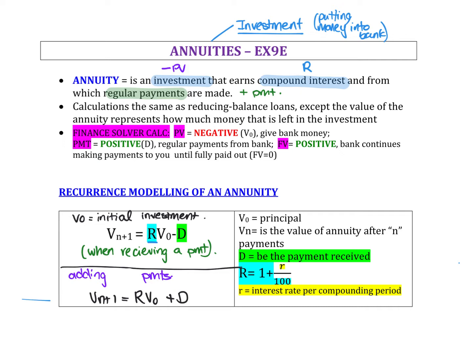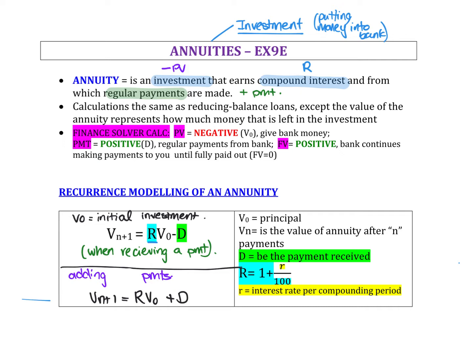Your super's built up to a big amount, and every fortnight you are adding another extra payment. So your super is making money, but you're also adding extra into it on a regular basis, so that when you get to the end of your retirement, your super has grown to an amount that hopefully you can live off.